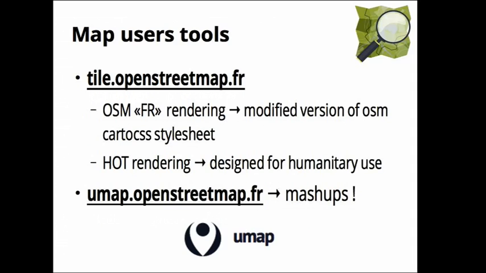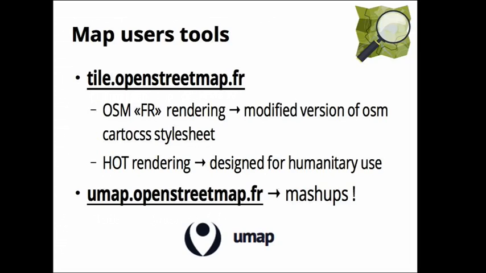Then we have map user tools, because contributors are a very important part of the community, but we also think that we must make a few steps toward the map users to discover OpenStreetMap and help them get into OpenStreetMap. So the first thing we did was to create a French style rendering.